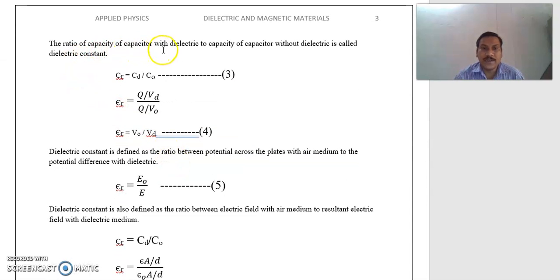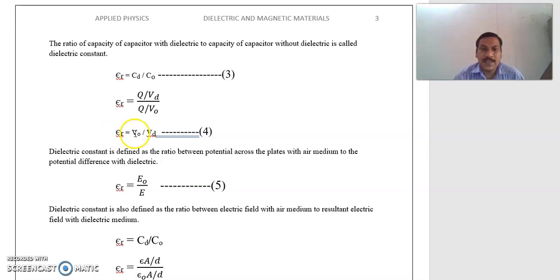The ratio of the capacity of a capacitor with dielectric to the capacity of a capacitor without dielectric is called the dielectric constant. Epsilon R equals Cd by C naught. Epsilon R equals Q by Vd divided by Q by V naught, where Cd is written as Q by Vd and C naught is written as Q by V naught, where Q gets cancelled.